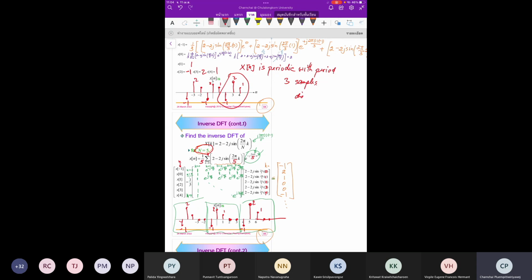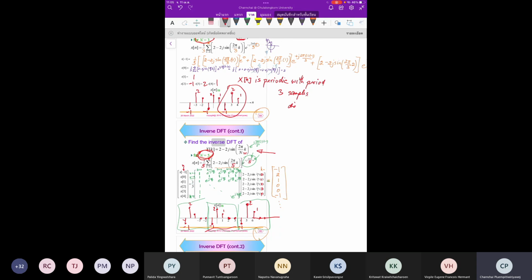Imagine if you increase the N, the capital N, what would you think would happen?